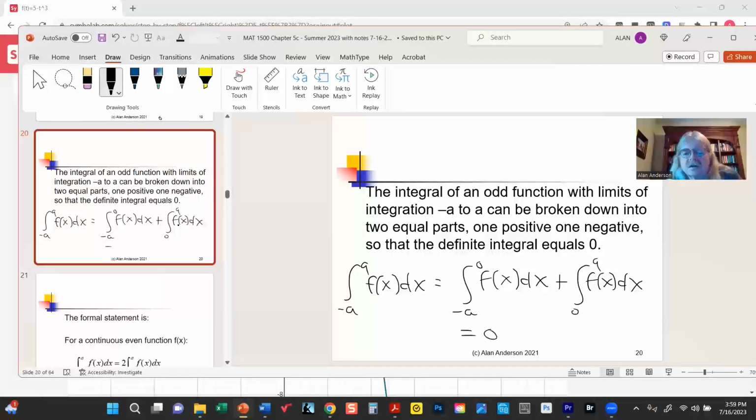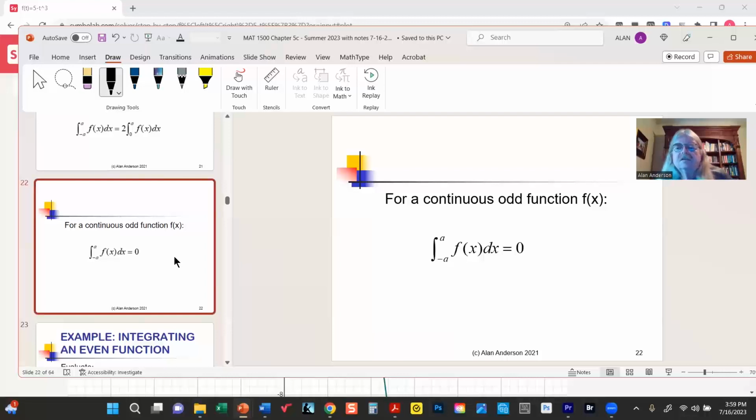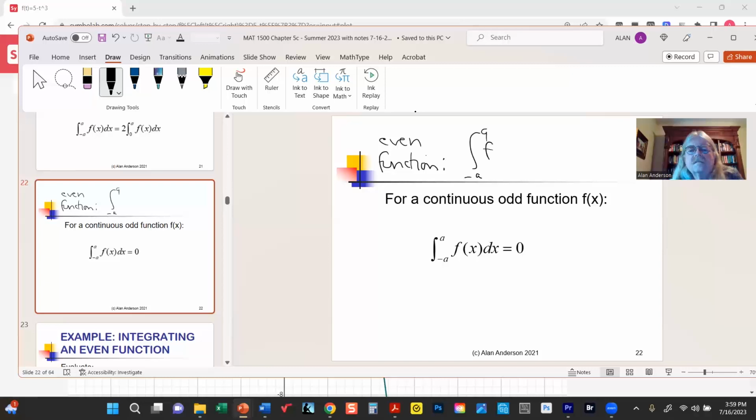So this is going to equal 0. Interesting. So for the even function, we just have double the integral from 0 to a. But with the odd function, it's just 0. Okay.